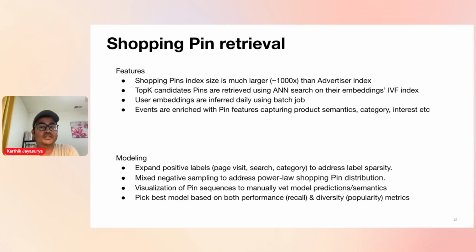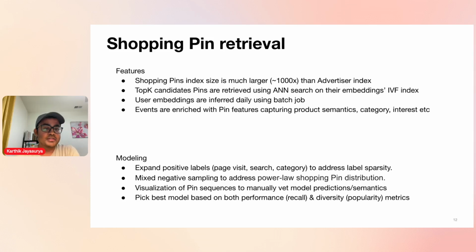We use the index to retrieve the top K candidates that the user might be interested in. That's on the pin side. For the user side, we have a daily batch job that refreshes user embeddings with recent actions from the past day, so that the embeddings are kept fresh. Both these embeddings are used to do the ANN retrieval.